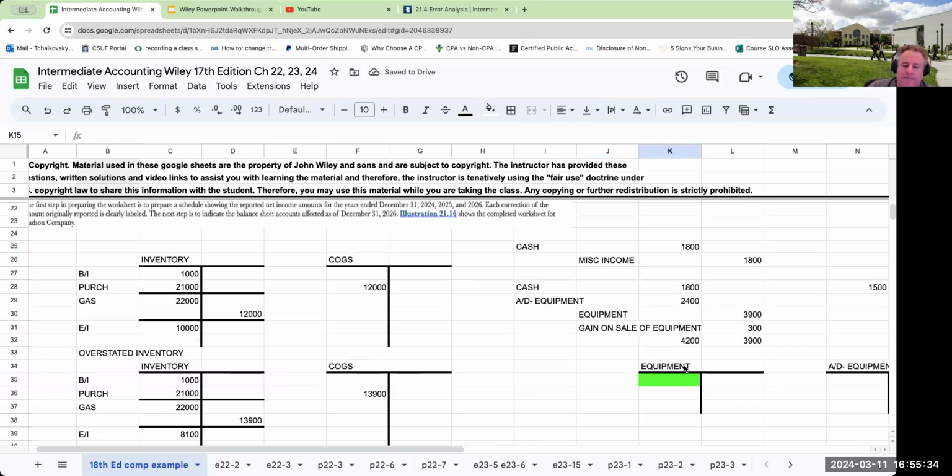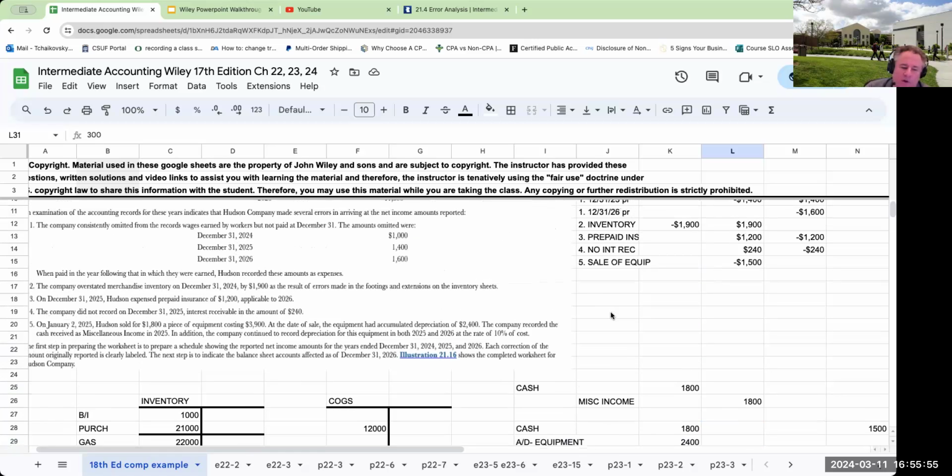Okay, so again, this is what I did. This is what I should have done. I basically recorded too much miscellaneous income. So effectively, I would need to debit miscellaneous income for the 1,500, and then that would get me to the correct gain on sale of equipment.